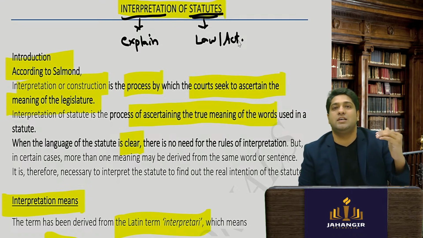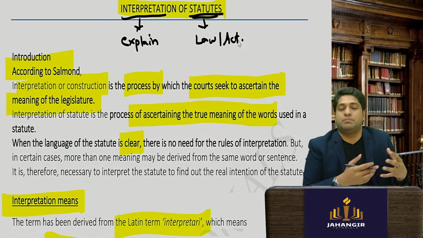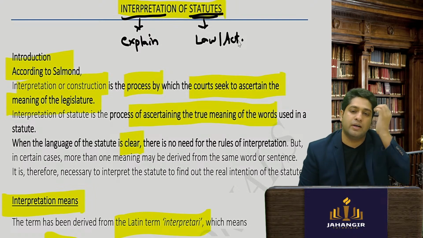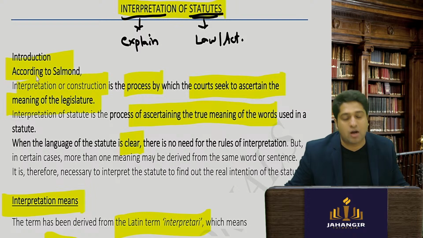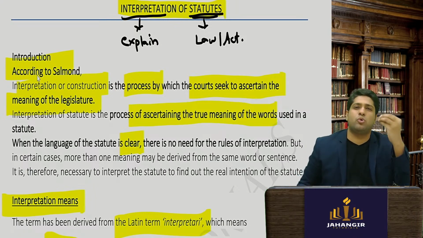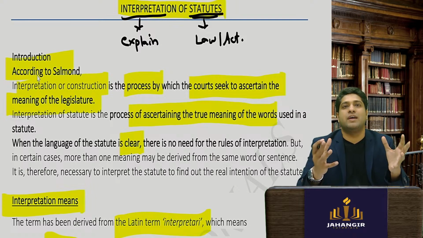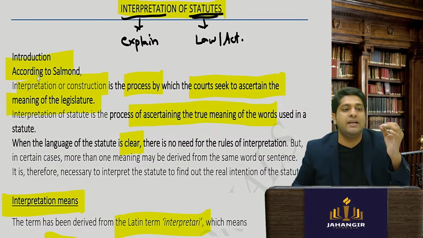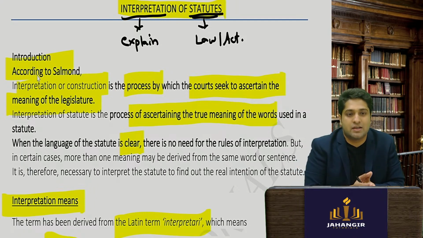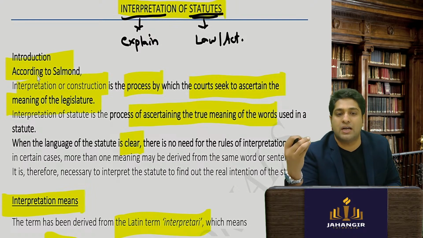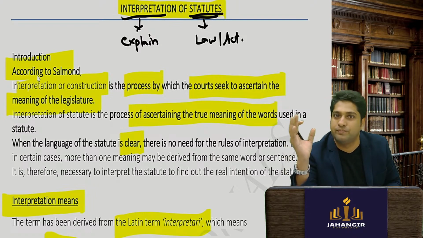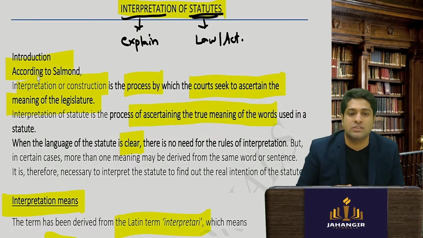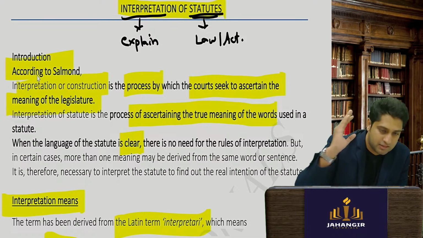There are certain interpretation rules that a person interpreting any law has to follow, which will be the topic of the day. Now, according to Salmond, and just by throwing in some names it gives a very authentic look, interpretation is a process by which courts ascertain the true meaning of the legislature.